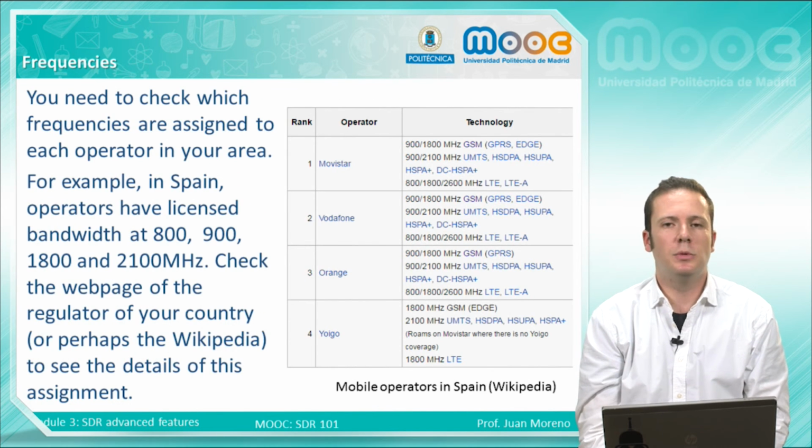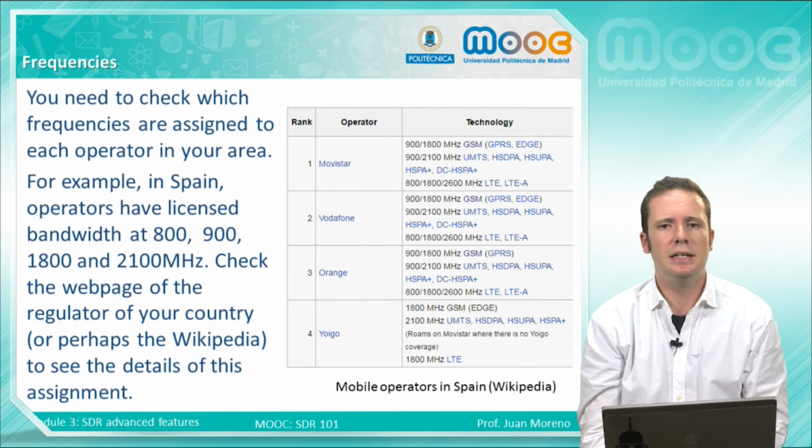The last thing that we need to know before moving forward is the frequencies. As I said before, almost all these mobile communication systems have a different frequency depending on the country. In the table that you can see on the right, we show the frequencies assigned to each mobile operator actually working in Spain.